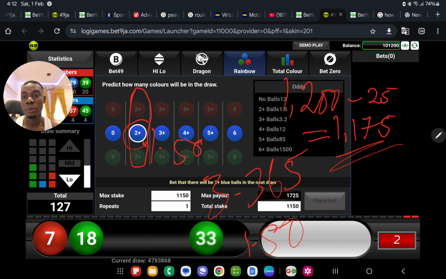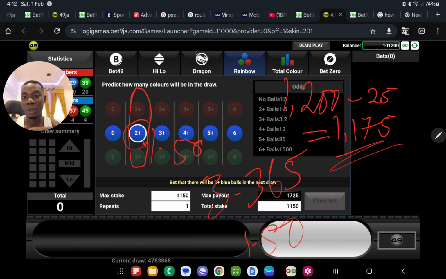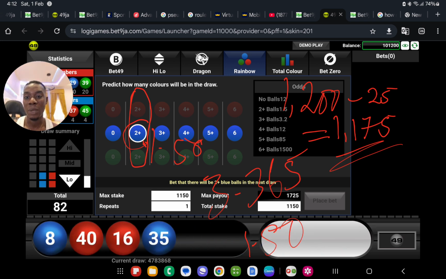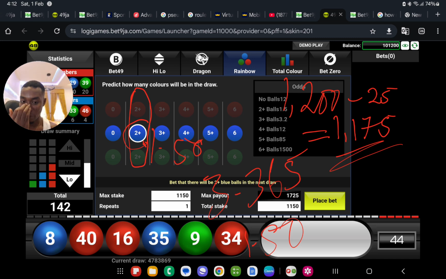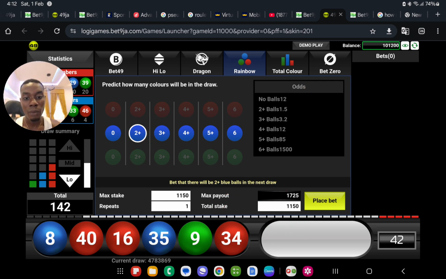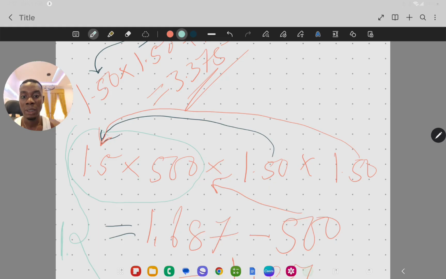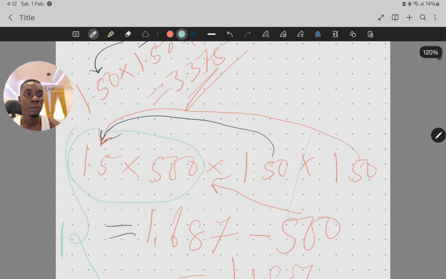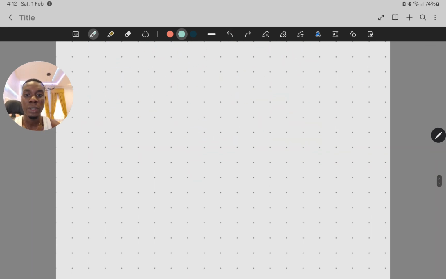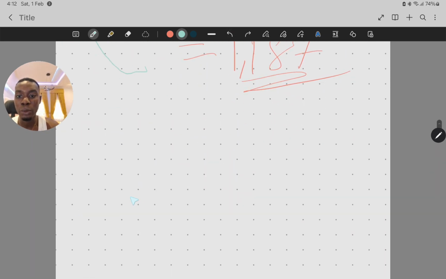So all you have to do is to follow that number one calculation, that step, and make the calculation to the required amount. So if it's 2 times rollover, it's simple. If you say 2 times rollover, you just have to do it 2 times.